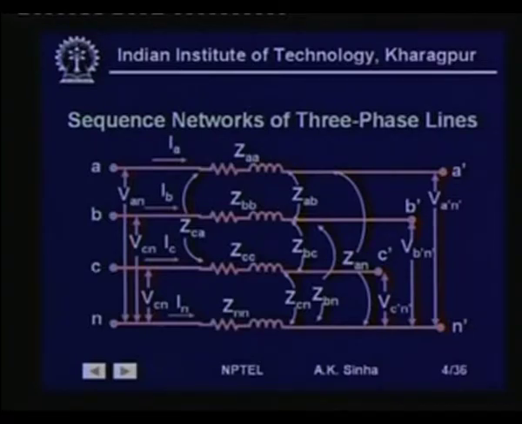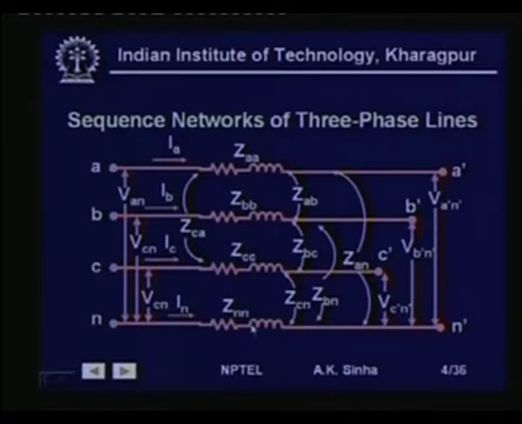First we will take up the sequence network model for a three-phase transmission line. If you recall, three-phase transmission lines have series impedance which consists of resistance and inductance for all the phases, as we have shown here as ZAA, ZBB and ZCC for the three phases.